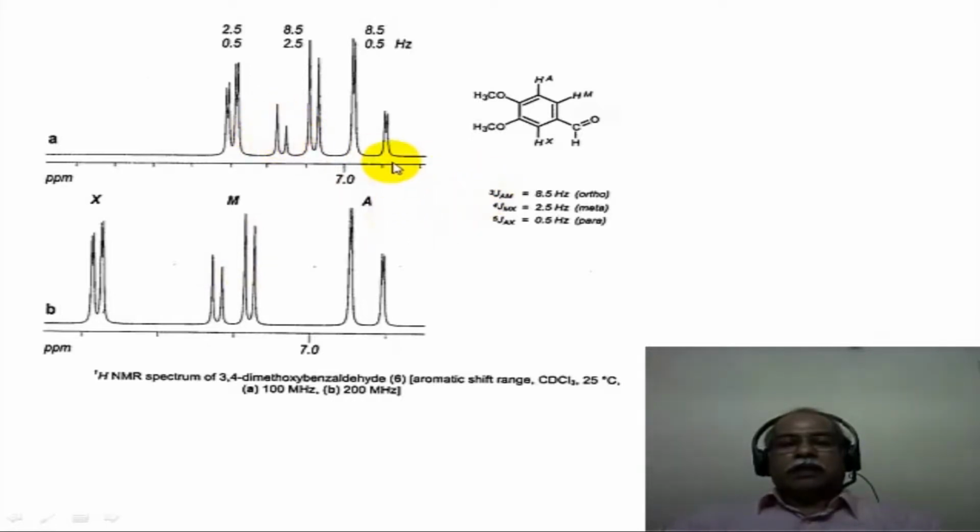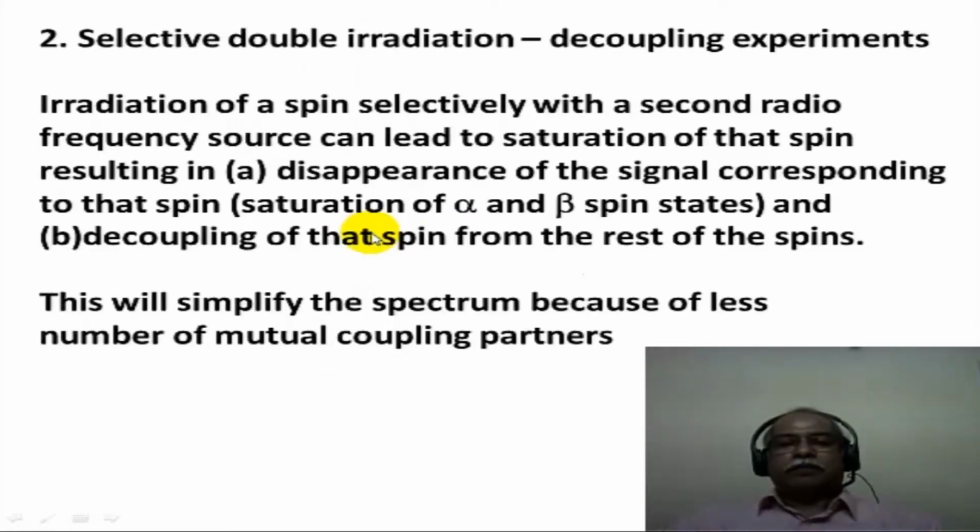So, the spectrum is tending to be not exactly a first order spectrum, but it is tending to be a first order spectrum as you go from 100 to 200 MHz. The same sample, if one were to record it in a 600 MHz spectrometer, would give a typical first order spectrum.